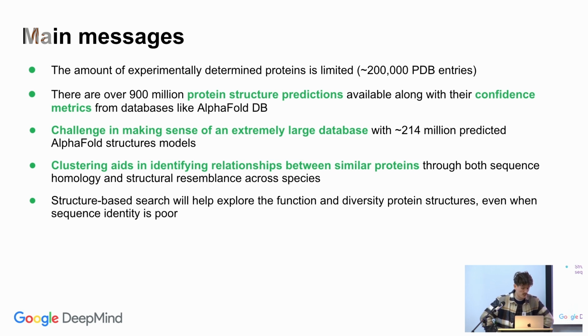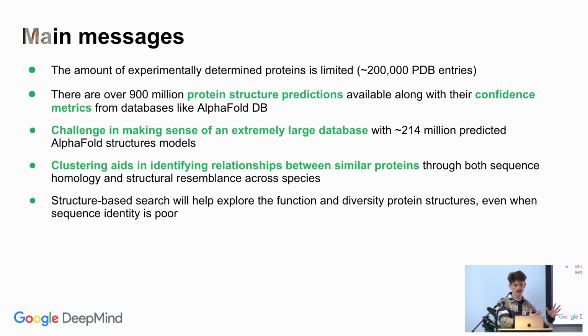Okay, and so really, what I wanted to highlight, why I came here today, is a sobering reminder that there are only approximately 200,000 PDB entries of experimentally determined structures, and now we have 900 million predicted structures such as AlphaFold EBI and the ESM Metagenomic Atlas. In solving the protein folding problem, we created a new challenge: how do you make sense of this massive dataset, this treasure trove of structure models?